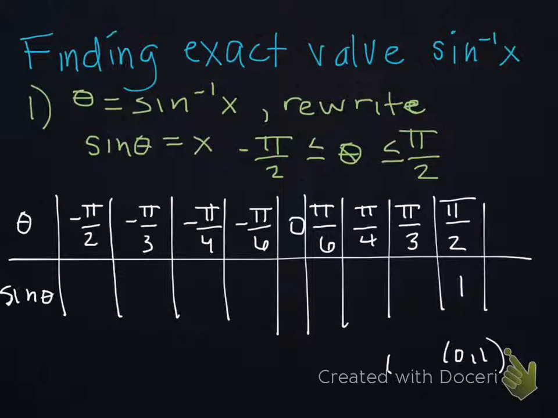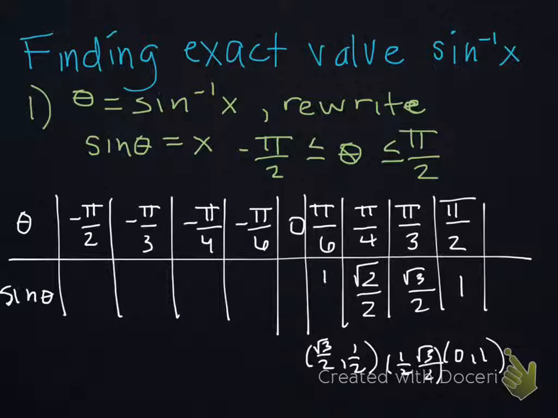For pi over 3, we know the coordinate is 1/2 and root 3 over 2, and sine is the y part of the coordinate, so sine of pi over 3 is root 3 over 2. We know pi over 4 is root 2 over 2, root 2 over 2, so sine of pi over 4 is root 2 over 2. And we know pi over 6 is the opposite: root 3 over 2 and a half, so sine of pi over 6 is a half. And for 0, the coordinate is 1, 0.